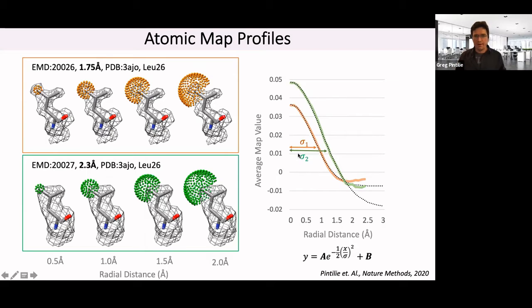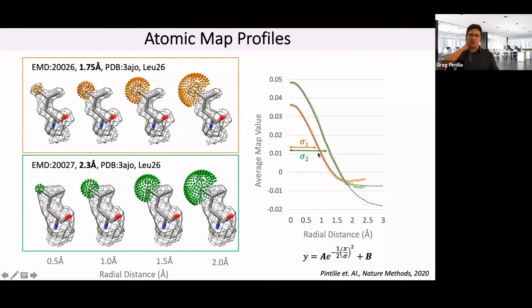But more importantly, it has a wider sigma. Again, this is not too unexpected, because as we go to low resolutions, we expect the density around each atom to be more diffuse, so they're represented as larger Gaussians.